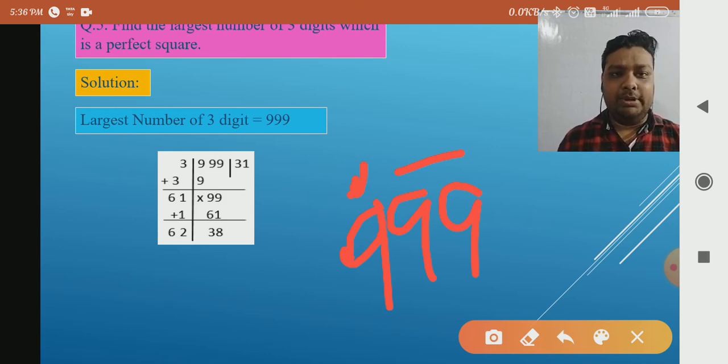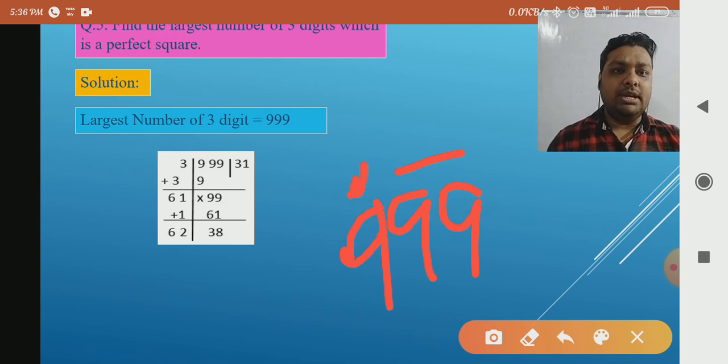If we divide with 4, then 4 4 is 16, which is greater than the first period. The first period is 9, so we cannot apply 4. It means we can multiply with 3 only. So 3 3 is 9, and we will write that number 3 two times. 3 individually we will write, and again 3 we will write, and that 3 we will write in the quotient also.